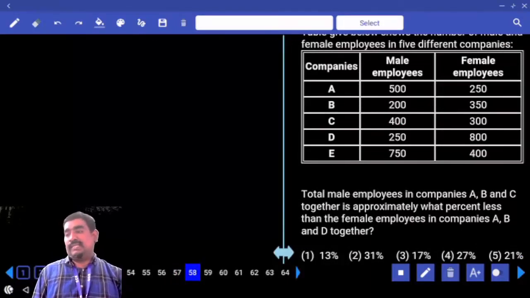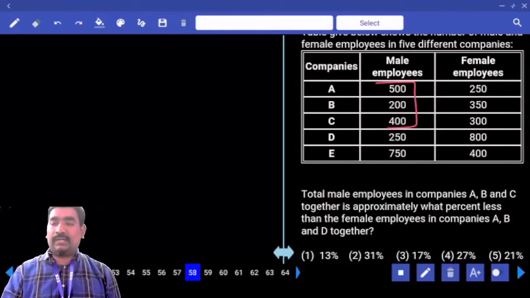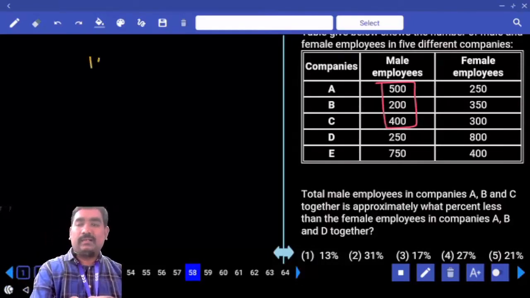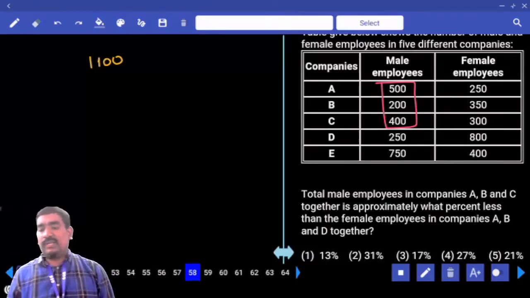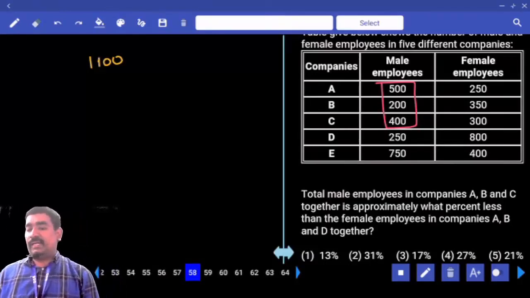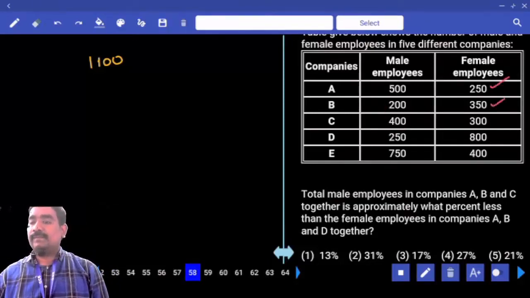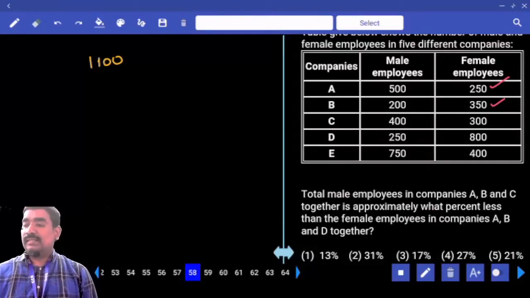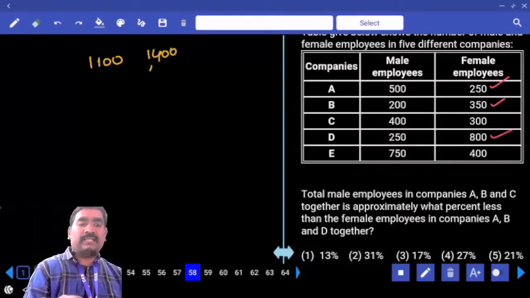Total male employees in companies A, B, C together: 500, 200, 400, so 1100. Approximately what percent lesser than female employees in companies A, B, D? 250, 350, 600, 800, so 1400.